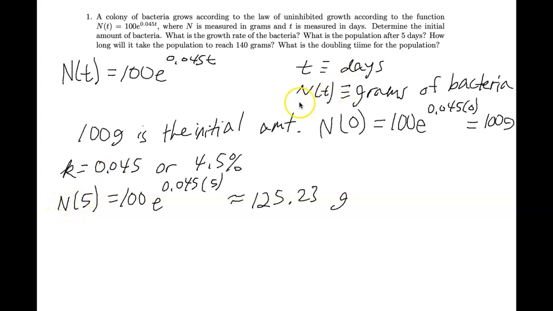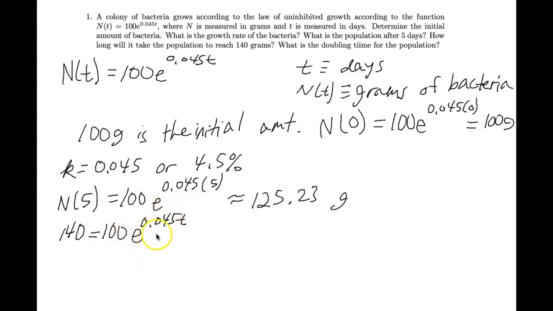The next question is, how long will it take the population to reach 140 grams? So in this part's case, we're given the number of grams, and we want to know the t. So that means we're going to solve 140 equals 100 e to the 0.045t.